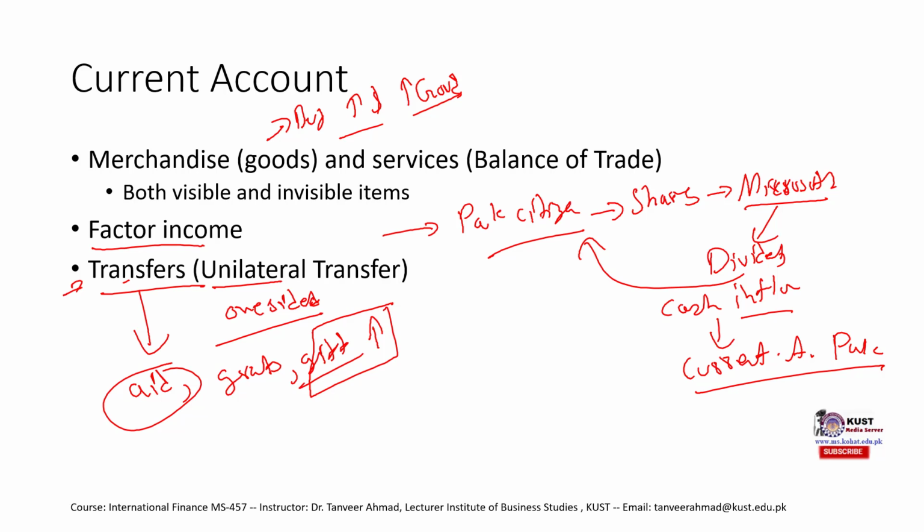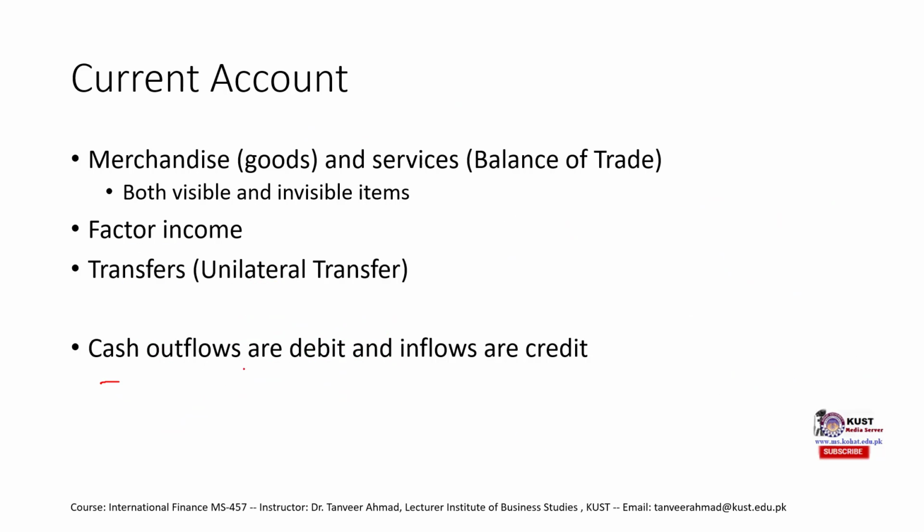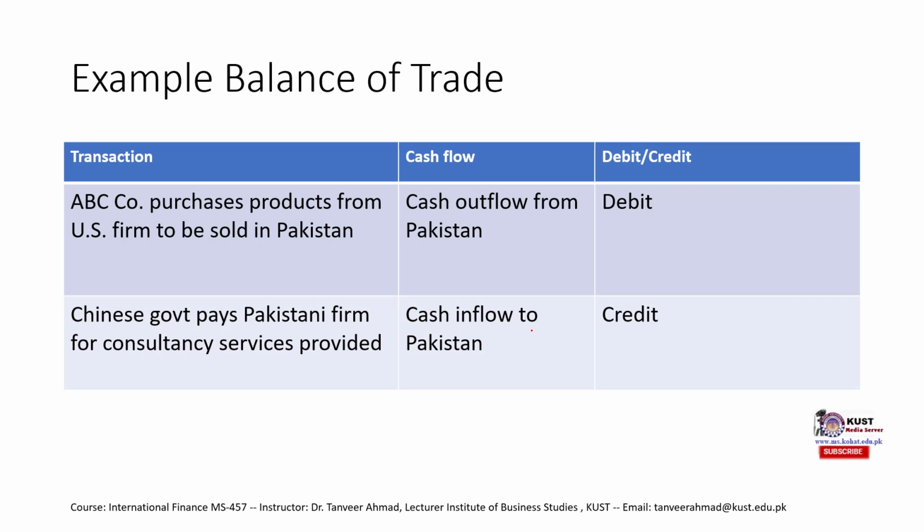Okay, so let's move to the next component. Again, as was the case with the balance of payments, cash outflows are debit and cash inflows are credit. So a few examples. An ABC corporation purchases products from a US firm to be sold in Pakistan.